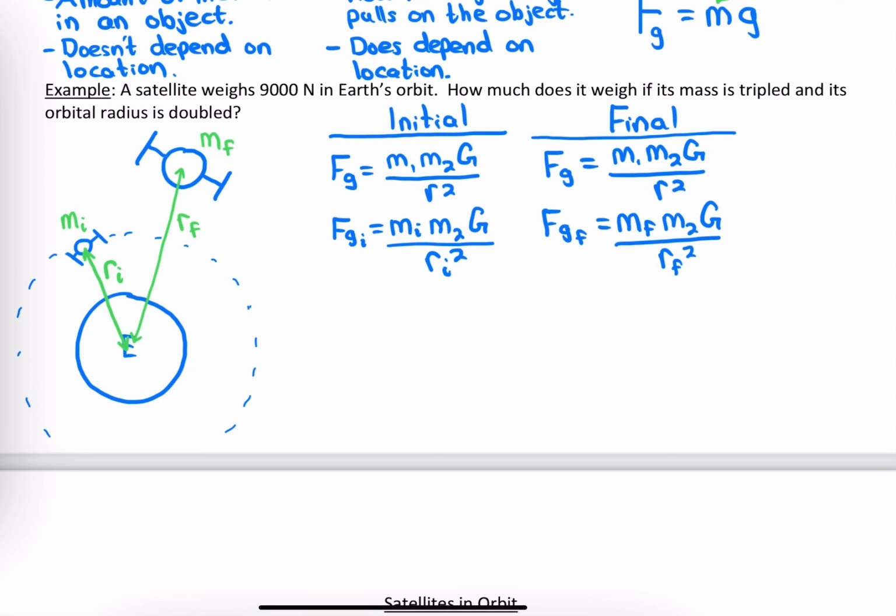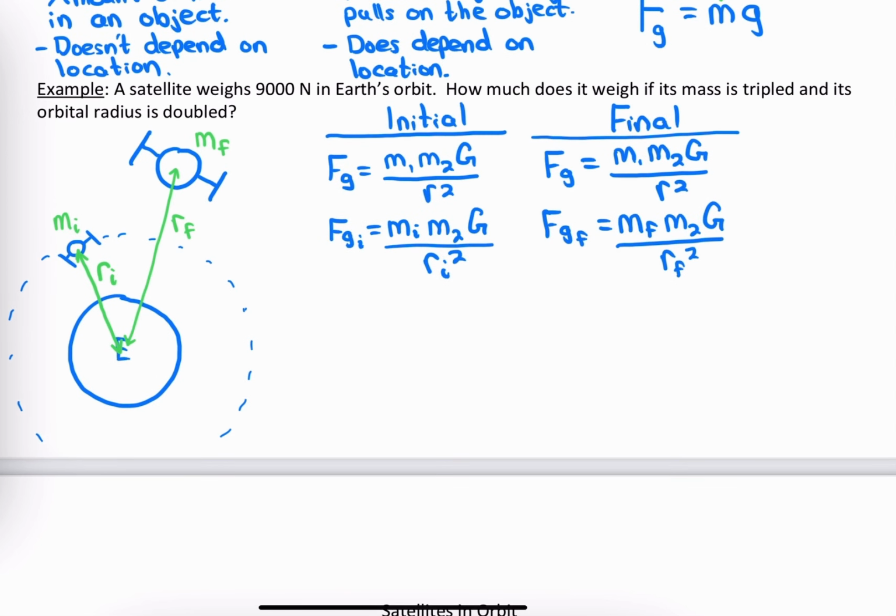Well, it turns out that the question tells us that the mass has been tripled. In other words, mass final over here is 3 times mass initial. And the question also tells us that the radius is doubled. So R final equals 2 times R initial.